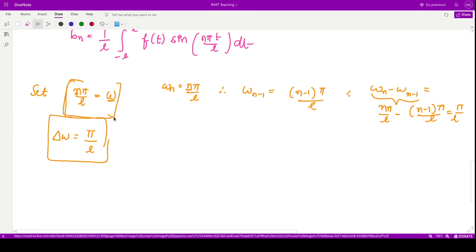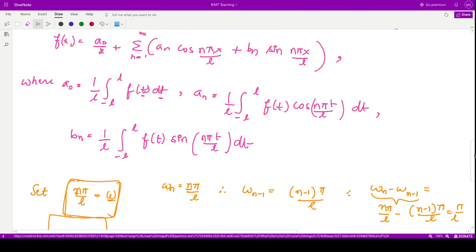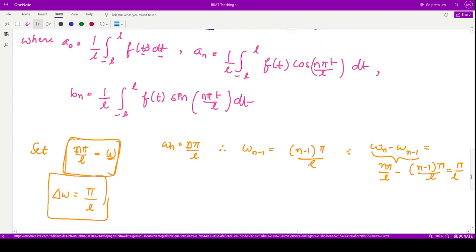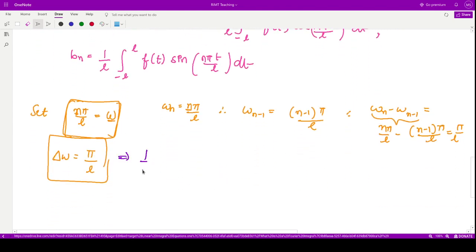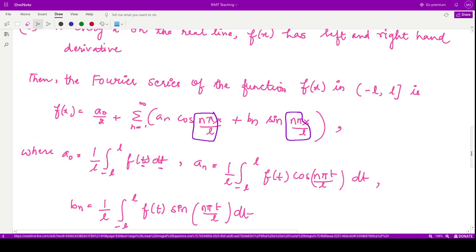So we have these two terms. Now I can substitute these two values in the above expression for f of x. Whenever I see n pi by L, I will replace that by omega, and the value of pi by L would be replaced by delta omega, or in other words I could replace 1 by L as delta omega divided by pi, into the given coefficients value.